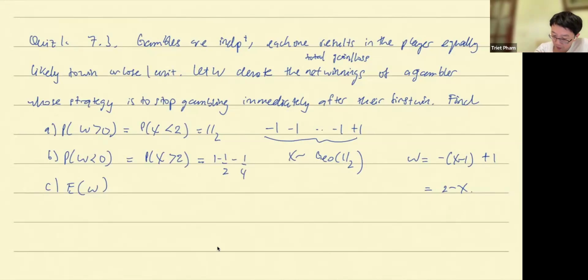And the expectation of W is 2 minus expectation of X, which is 2 minus 2, which is 0. Okay, so far? Any question?